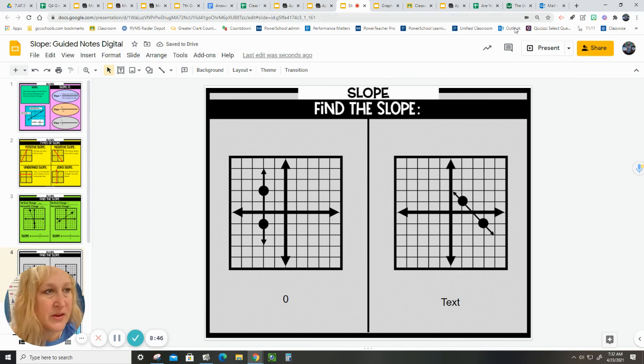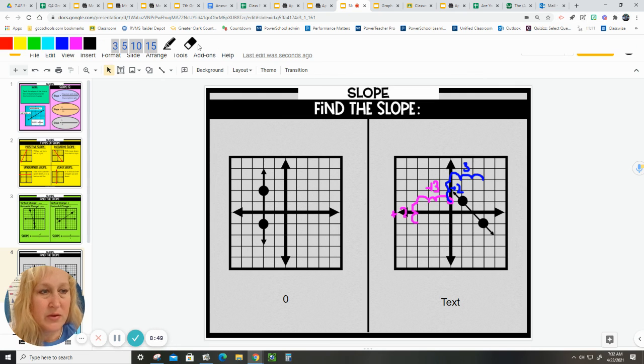This one I have to figure out. So I'm going to count my rise over my run. So there's a dot, there's a dot. So I rise 2, that's +2, but I'm going backwards 1, 2 as well. So that's -2.